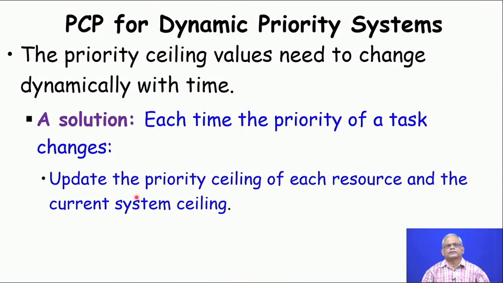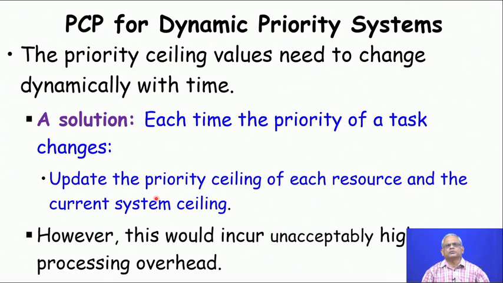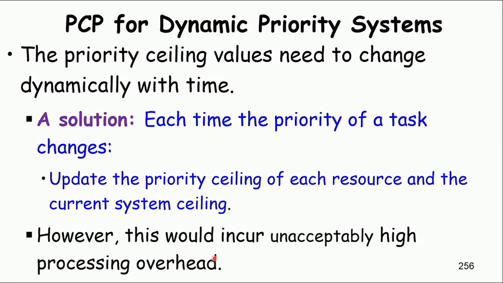Each time the priority of a task changes, we need to change the current system ceiling, need to change the ceilings associated with the resources, and this can be too much of overhead, because there can be many instances.